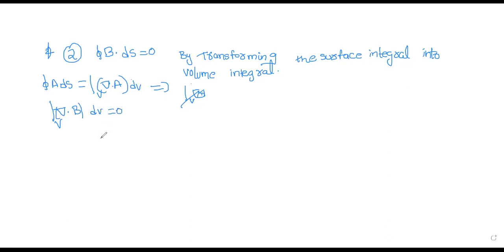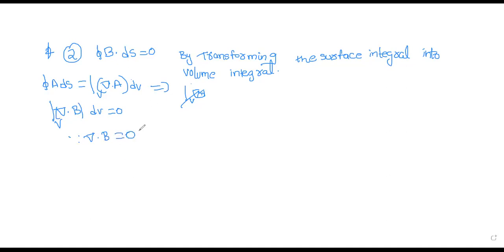Now as the volume is arbitrary, the integrand must be equal to 0. So we write that del dot B is equal to 0.